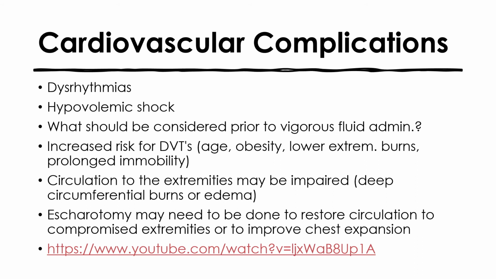Very similar to the chest, back and neck burns that we say tighten, the same goes for circumferential limb burns as well, acting like a tourniquet and compromising circulation to the extremities. If this is untreated, what happens to our tissues and our extremities? Yeah, they'll be ischemic. We'll have necrosis, tissue death, ischemia, and necrosis.